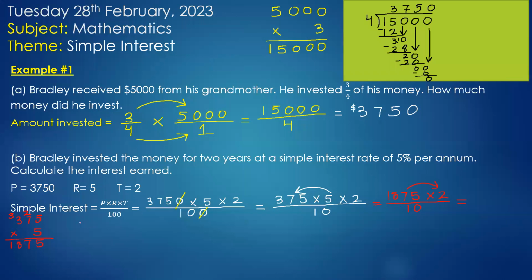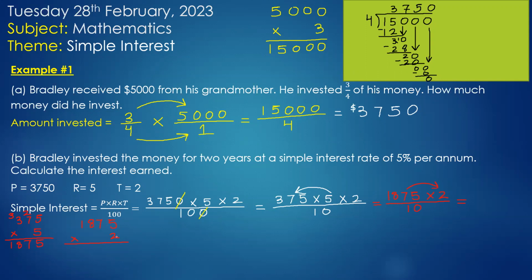Let's do that right now. 1,875 multiplied by 2. Anyone multiplied by 2 yet and get an answer? Yeah, it's actually the exact same thing. We had 3,750. And then when you divide it, it goes back to 375. It's like a whole merry-go-round.